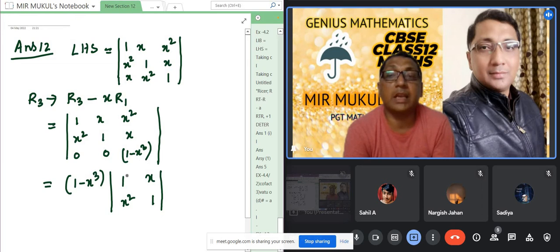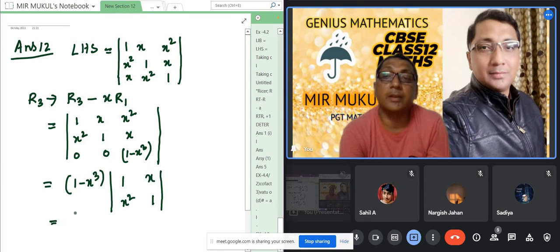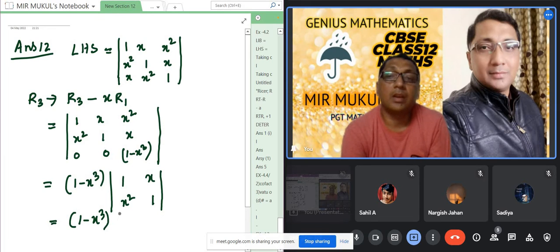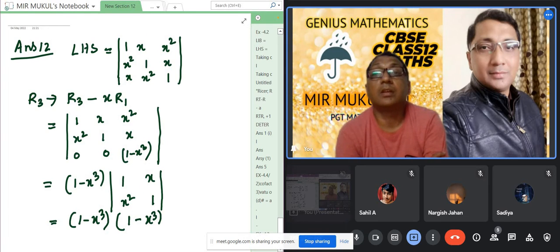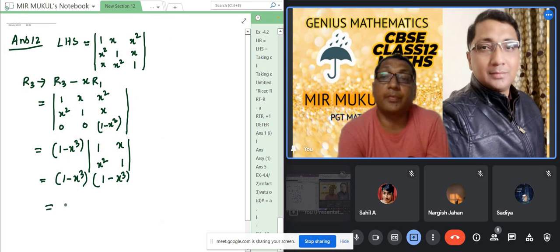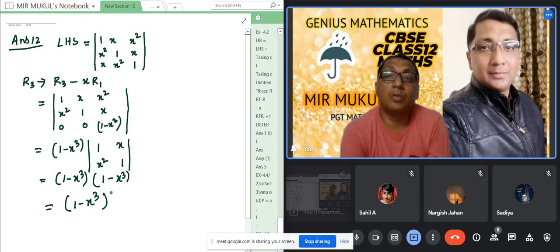So we'll get 1, x square, 1. Now break it, 1 minus x cube cross multiply, and we are getting the final answer, 1 minus x cube whole square. So easily we are getting RHS.